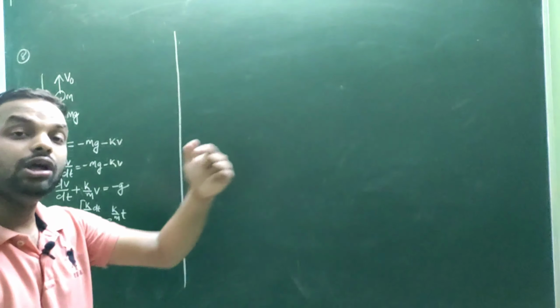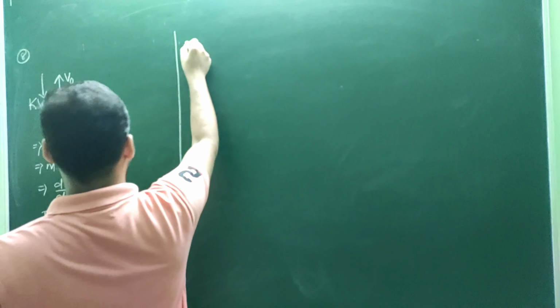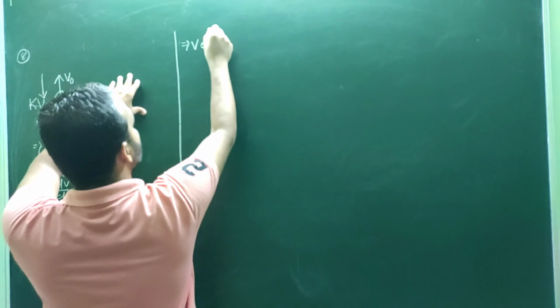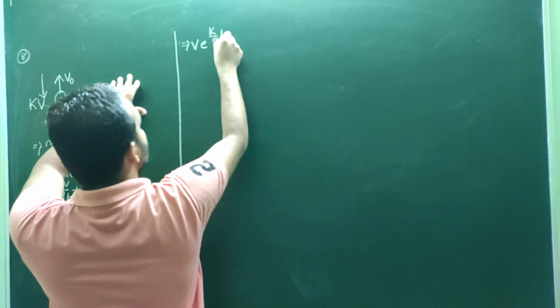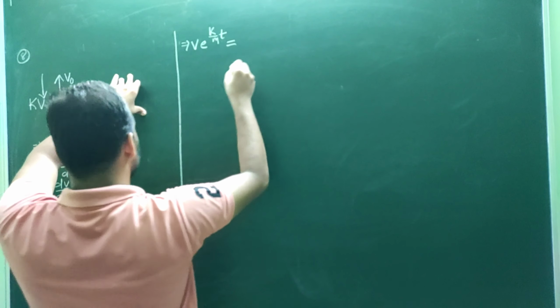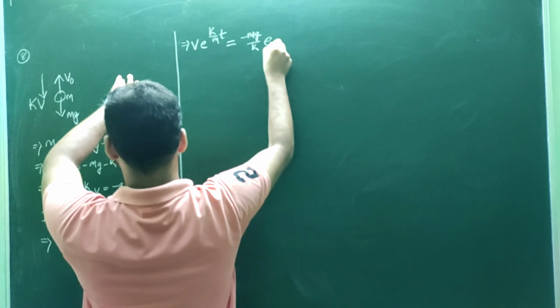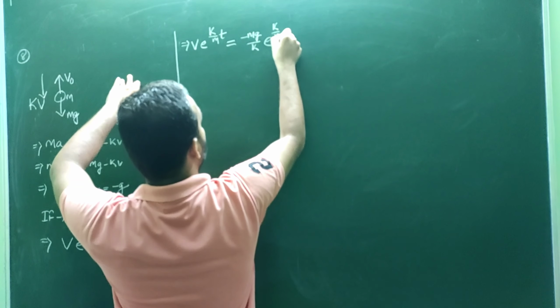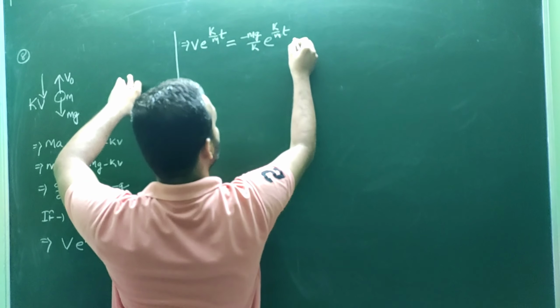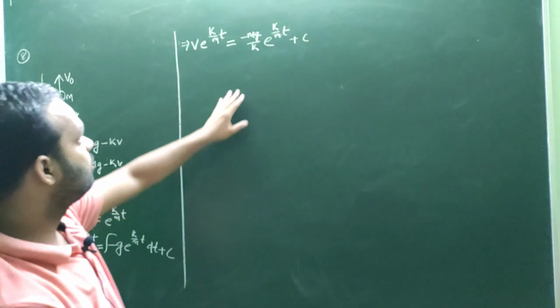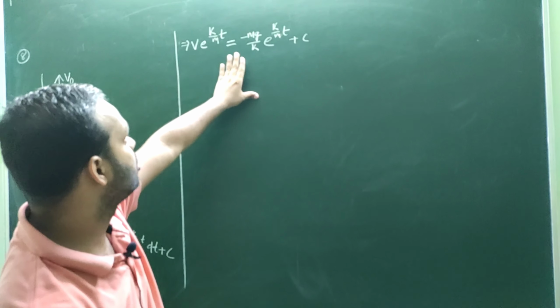So m goes to the numerator. We can write down v e to the power k by m t is equal to minus mg by k e to the power k by m t plus c. This is the solution of this equation.